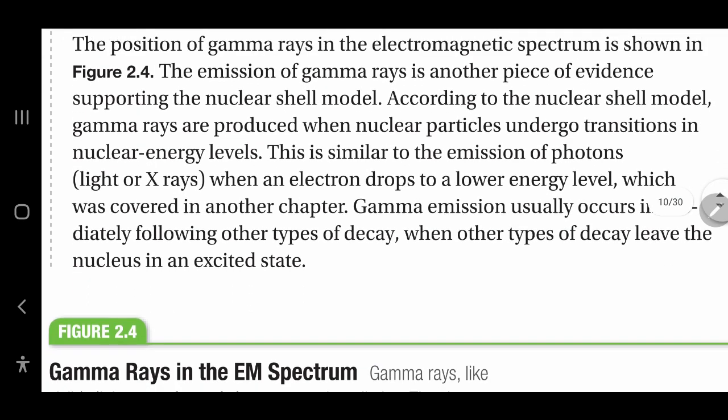So usually, gamma rays will be a friend for another type of particle. For example, if an atom releases alpha particles or beta particles, gamma rays will also be released and emitted with the alpha and beta particles.